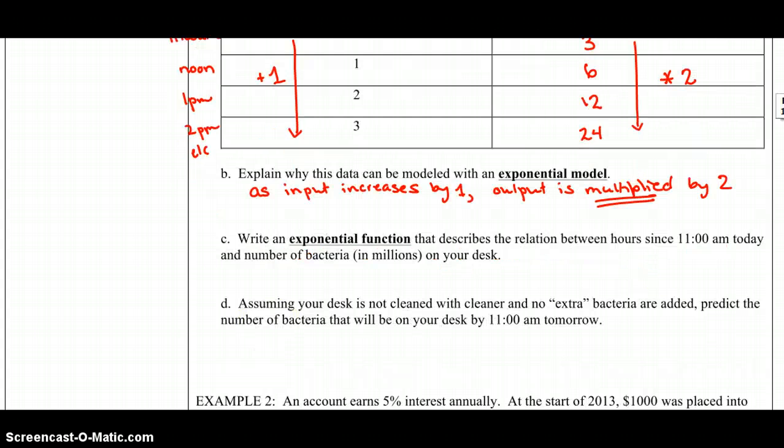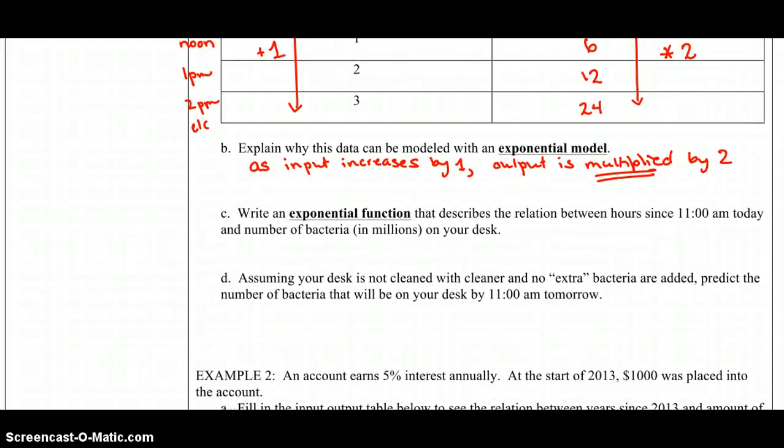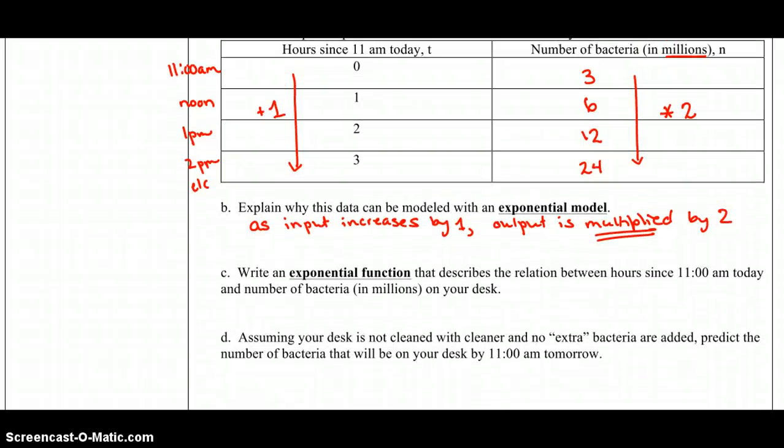Now we're asked to write an exponential function that describes the relationship between these two variables. An exponential function means that we're after some f of x equals a times b to the x. With the variables we have here, the output variable is n and the input variable is t.